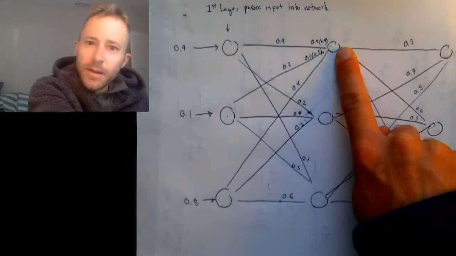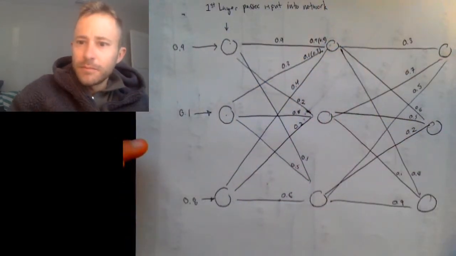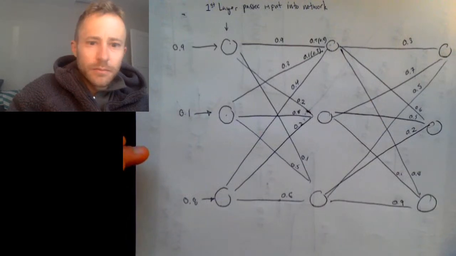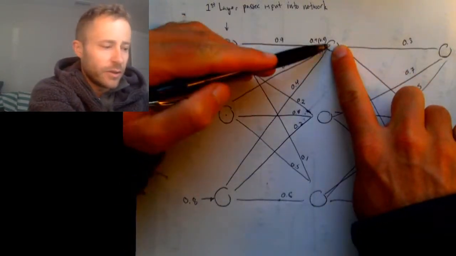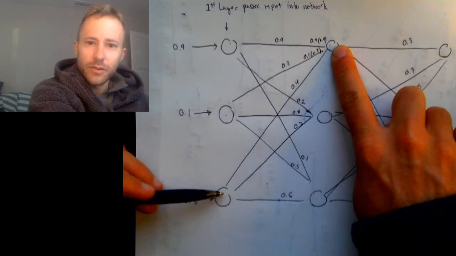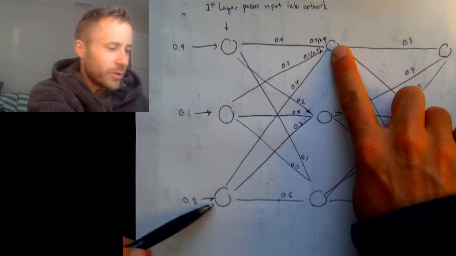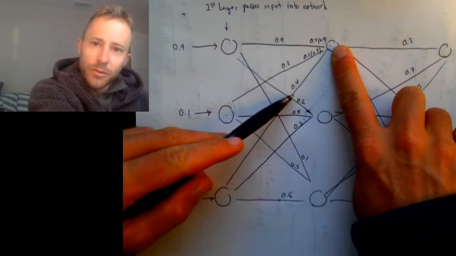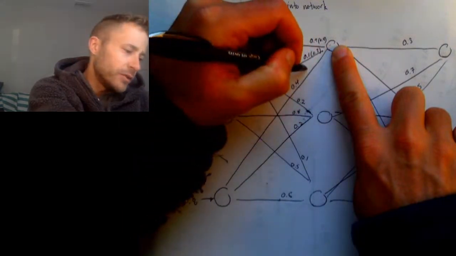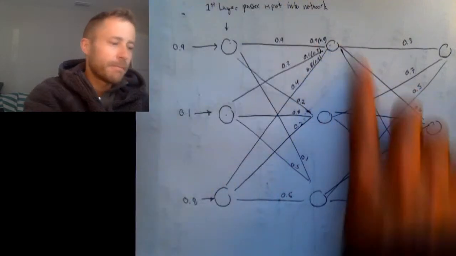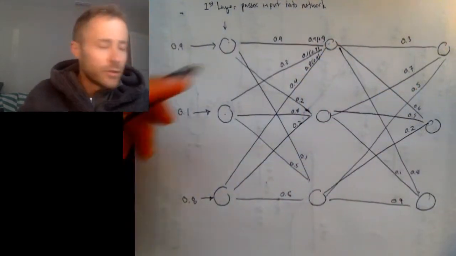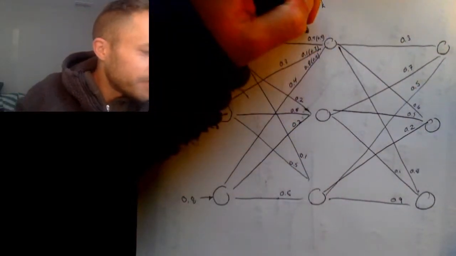And then the last input to this neuron is from this neuron. So the input is 0.8, and the synaptic weight is 0.4. So I have 0.8 times 0.4. Okay, so I'm going to add all those up.